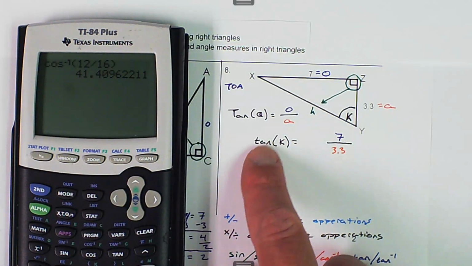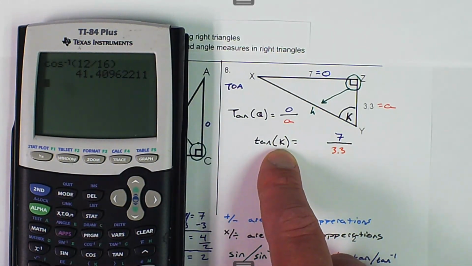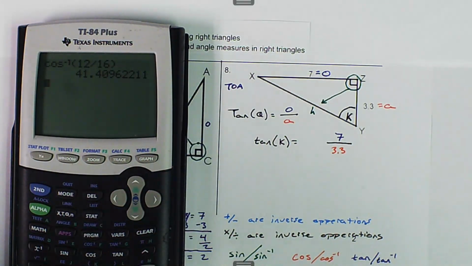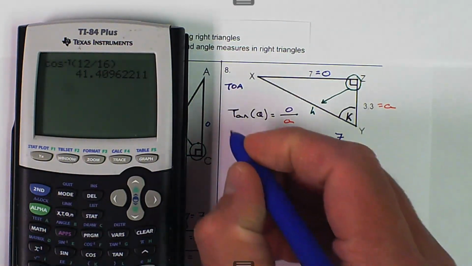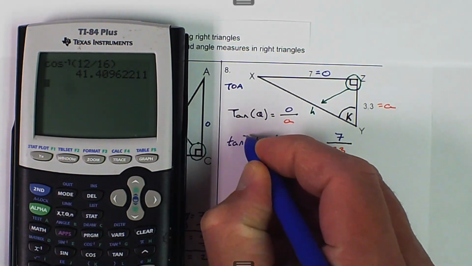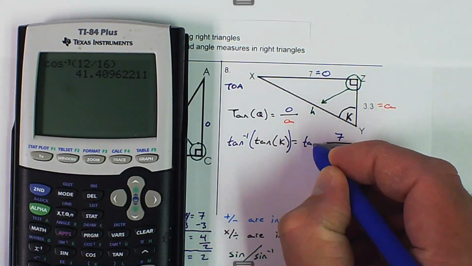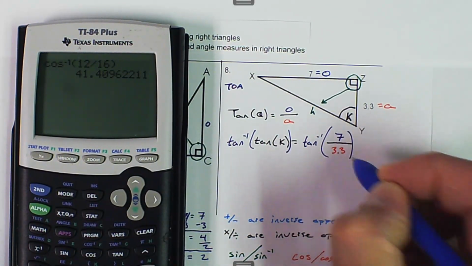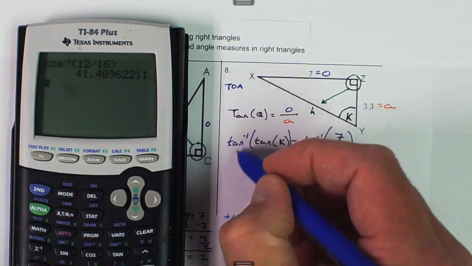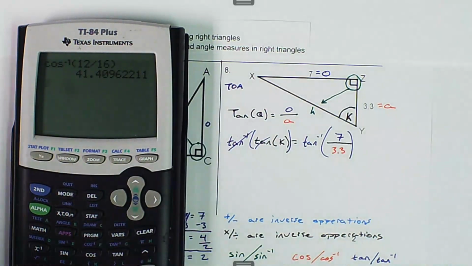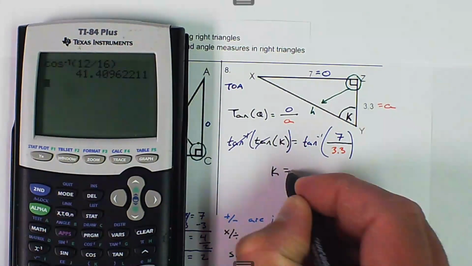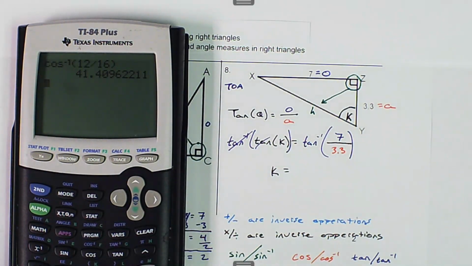Now we want to undo the tangent, or get the tangent away from the K. So we are going to multiply both sides by the tangent inverse. We put that whole fraction in parentheses. So tangent inverse and tangent cancel, and we're left with just K. Now we can plug this in our calculator.